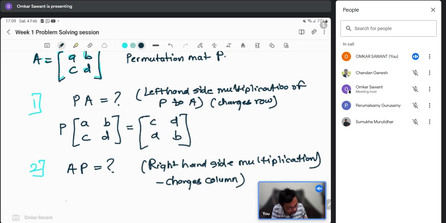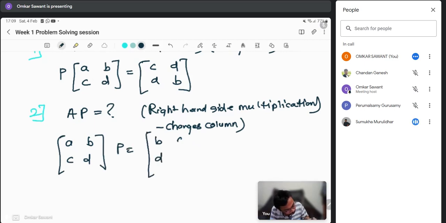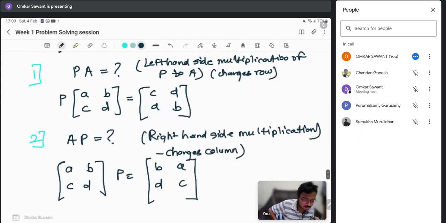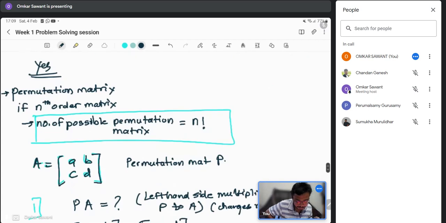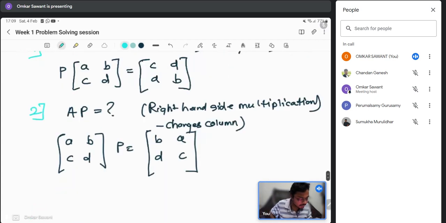So what will be the result? B, D, A, C. Right? Is this concept clear? This is clear, right?